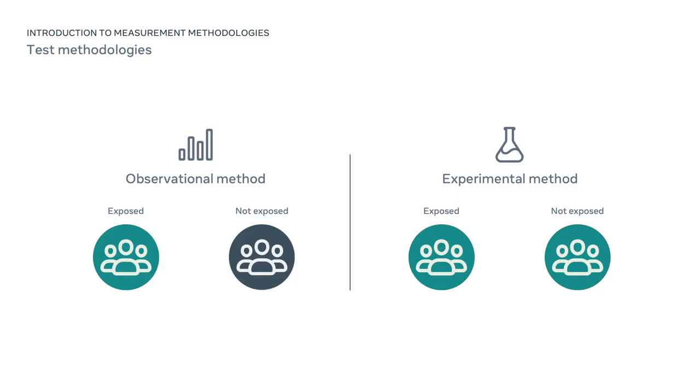These attributes may include certain traits, such as age or gender. Observational methods offer marketers less control, which makes it a lot more difficult to use the data to derive insights on causal effects. After an ad campaign is complete, researchers can attempt to measure a causal effect on the desired results with data they've collected throughout the campaign.